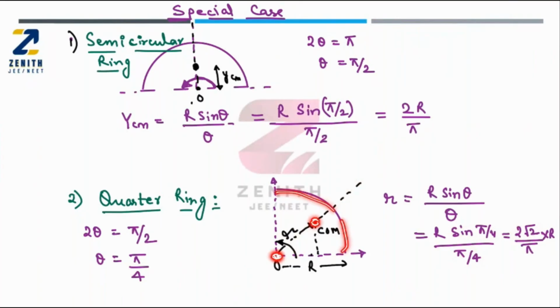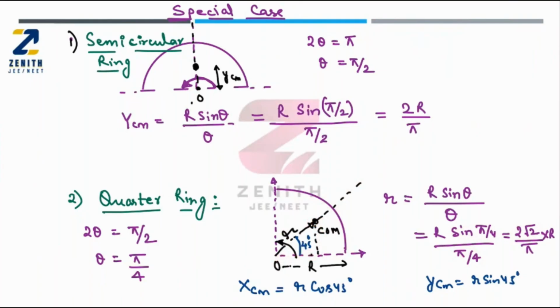Now you have to calculate the center of mass coordinates. That means the x coordinate and y coordinate. What is x and y? So can I say this angle is 45 degrees because the total is 90 degrees. So you can take XCM as R cos 45. Similarly, YCM we can say is R sine 45. That means you have calculated the center of mass X coordinate as well as the Y coordinate.